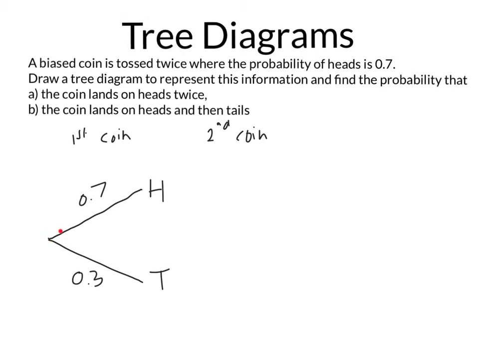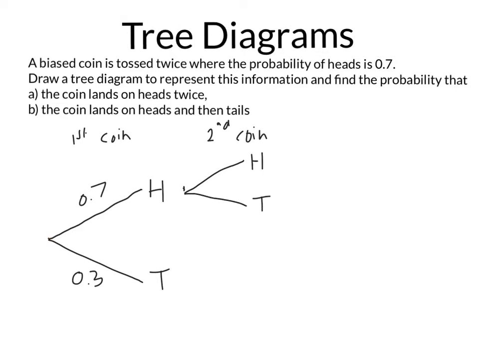So if you get heads on the first toss, what can happen? Say you're here now, you've got heads, you've followed this branch along, you've got heads in the first go. What can happen on the second coin? Well, again, you can get a head on the second coin. Or if you got heads on the first coin, you could get tails on the second coin.